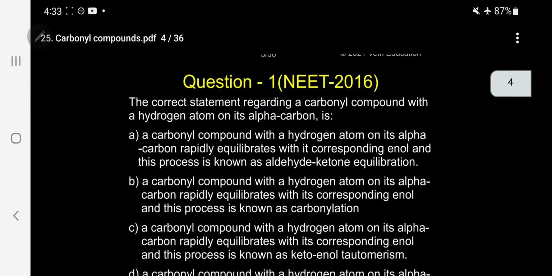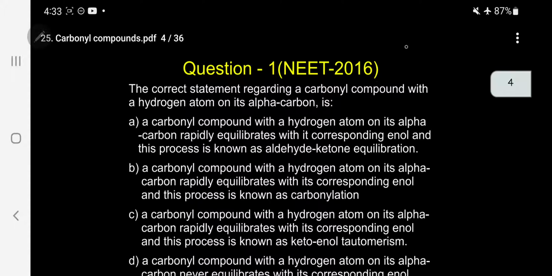Okay. So let me start the first question. Under NEET 2016, it was asked. Let me read the question.